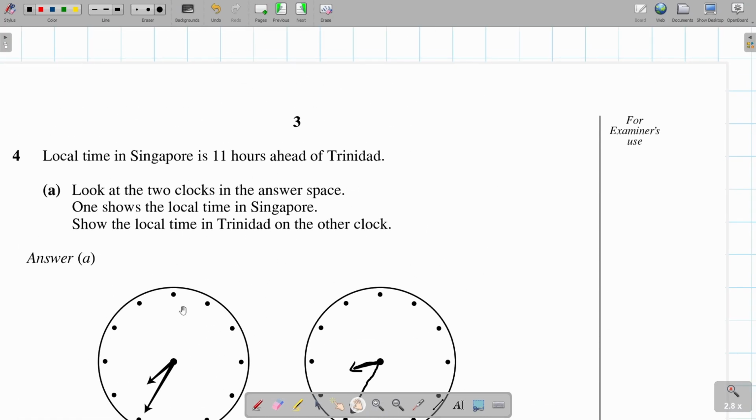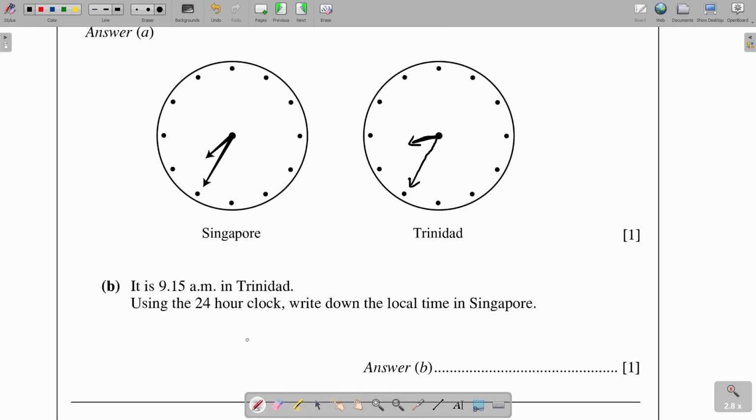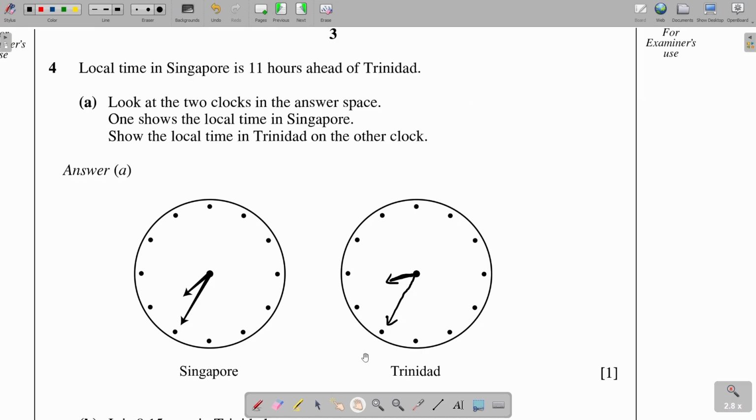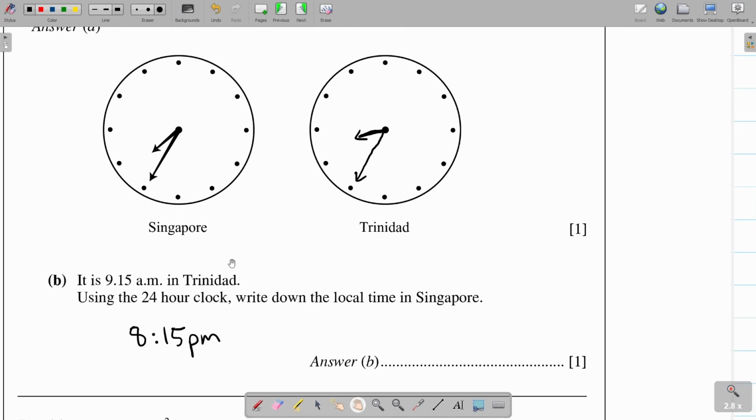The one that's forward? Singapore is 11 hours ahead of Trinidad, right? So if it's 9:15 a.m., 11 hours ahead from that would actually be 8:15 p.m., right? Yeah, no, this is 11 hours behind. I guess it doesn't make sense. It doesn't matter because it would be 8:15 p.m. regardless.